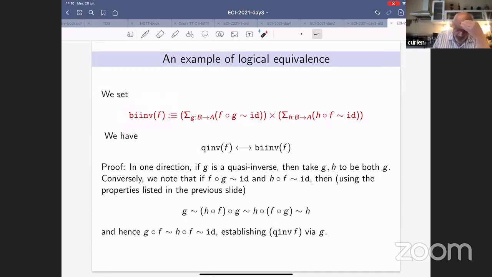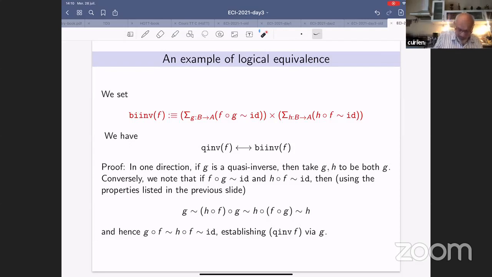So it's another type, okay, which says that F has a left inverse and a right inverse, but doesn't specify that it is exactly the same function.